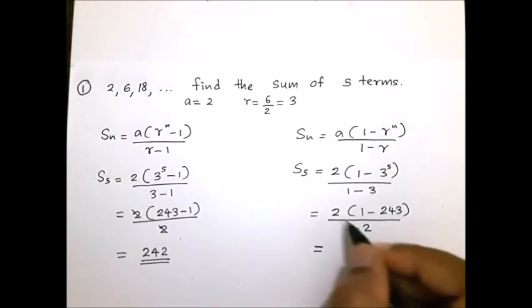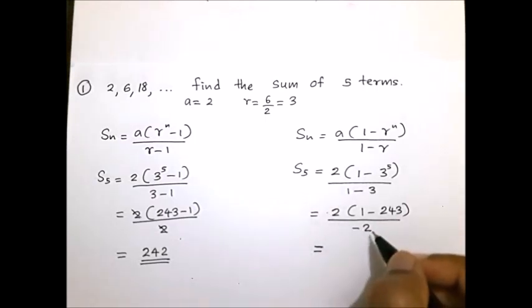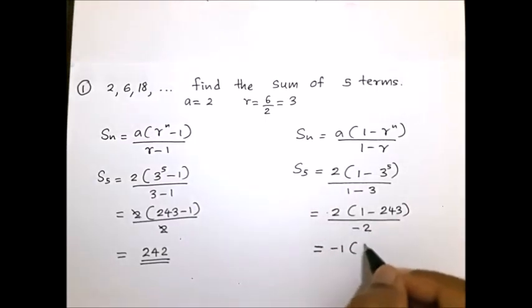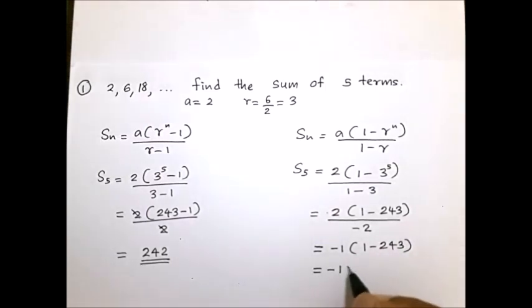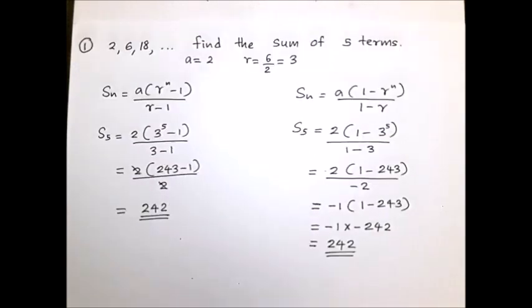You can cancel these two. 2 divided by minus 2 is minus 1. Minus 1 multiplied by minus 242. Minus multiplied by minus is plus. The answer is 242. In both formulas, you obtain the same answer.